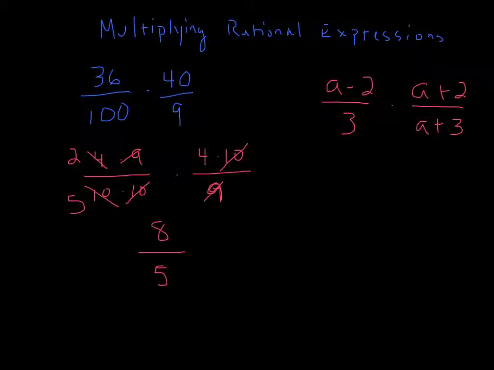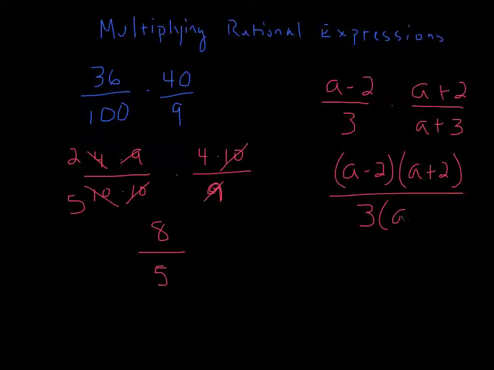So what you do is you just multiply them together. So instead we're going to do a minus 2 and a plus 2, and then 3 times a plus 3. Okay, and we're just going to leave it like that. You don't actually need to multiply them together. This would be a great time for you to look for anything that could cancel as well, but you're going to leave it just like that.